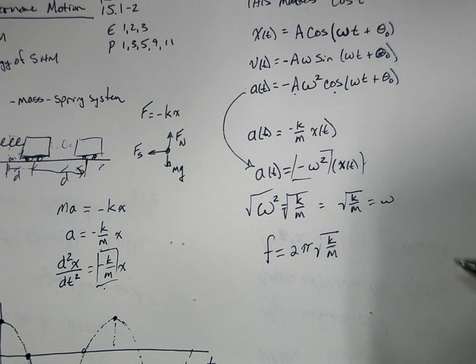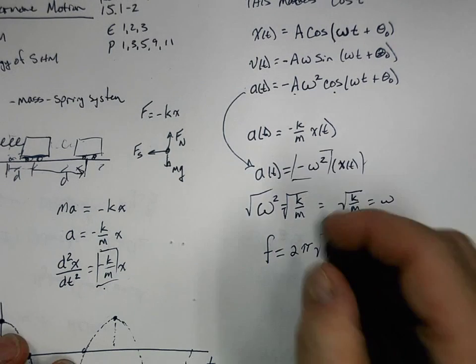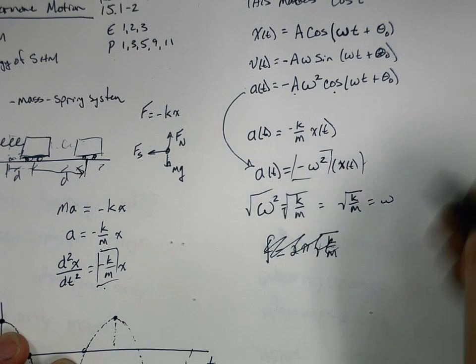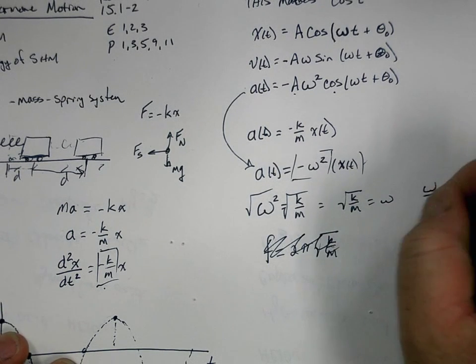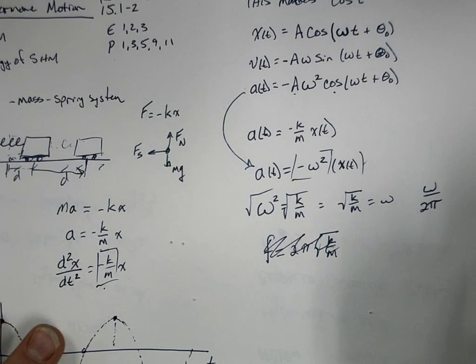Let me make sure I've nailed that. No, I lied. It's the other way. No. Okay. Sorry. Omega over 2 pi, it's over 2 pi.